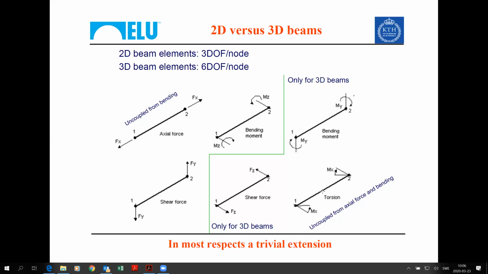We will have a 2x2 stiffness matrix, which we will simply assemble together with the bending and the axial effect stiffness matrices. So the extension is rather trivial. If you want more details about that, you will find them in the book.